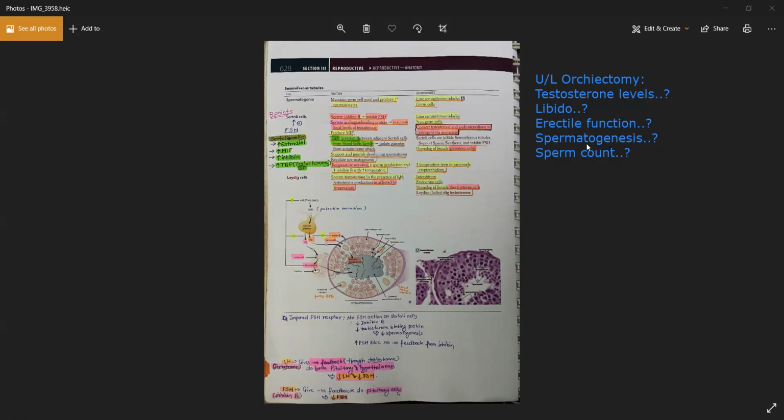See, this negative feedback doesn't mean it always reduces these levels. Negative feedback means whenever you have a high level of testosterone or inhibin, it will reduce the levels of LH and FSH. And whenever you have a low level of testosterone and inhibin, it will increase the level of LH and FSH. That's what negative regulation means, right?